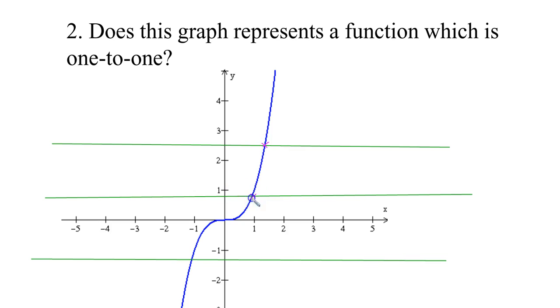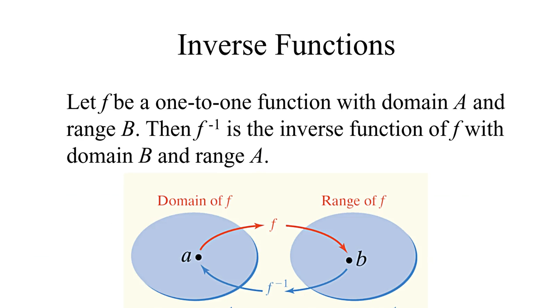Like I said, if you could make it bigger, you would see that it doesn't touch but at one point. So this is a one-to-one function, and therefore it has an inverse, and that's what we're going to be talking about.